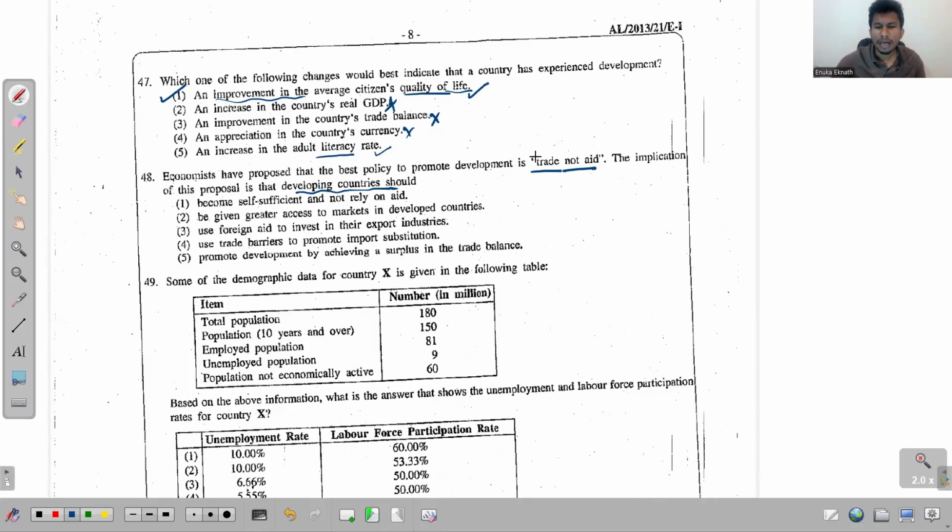Trade, not aid. The developed countries should facilitate the developing countries to engage in trade. The developed countries should provide more opportunities for these developing countries to export their goods to the developed countries. So that's the meaning of this thing.